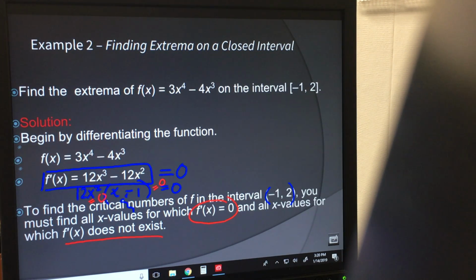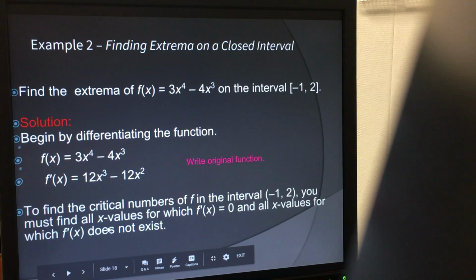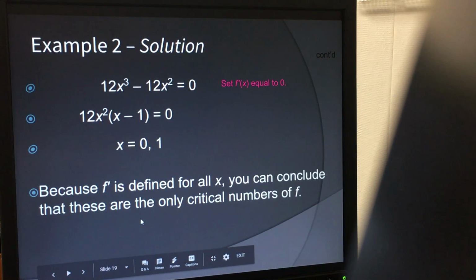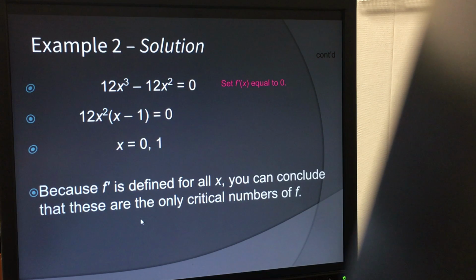Now the derivative exists for all real numbers because there are no denominators. If there was a denominator, we would set that denominator equal to 0 as well to find the rest of the critical numbers. So in this case, we only have the critical numbers 0 and 1.